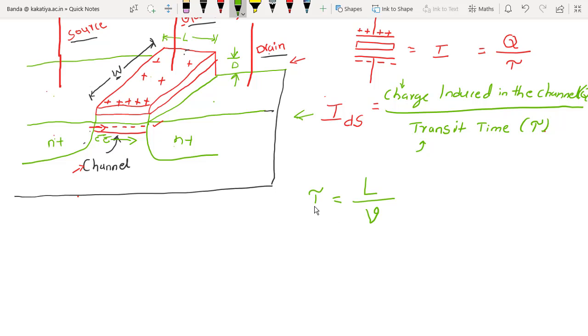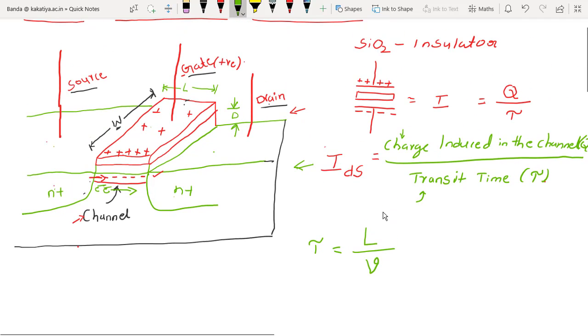From the fundamental physics formula, time is nothing but L by V, the length between the source and drain divided by the velocity of the electron. So we will note this as the first expression, and this one is the second expression.